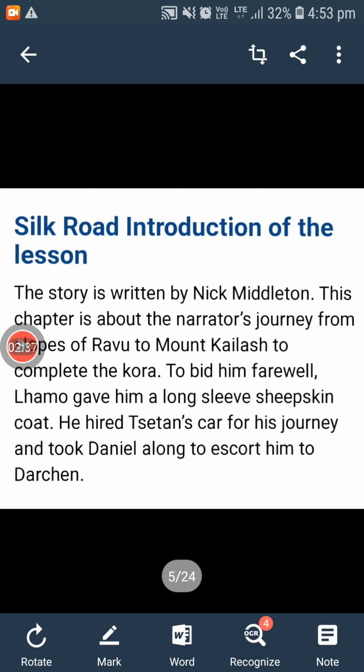He hired Tsetan's car for his journey and took Daniel along to escort him to Darchen. So these are the places which are mentioned in the chapter, and he is going for his tour from Revu to Mount Kailash.